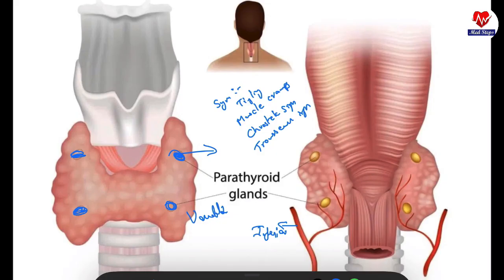So these are the main symptoms because of accidental removal of the parathyroid gland, where the patient ends up with hypocalcemia. These are the main important things in thyroid surgeries.